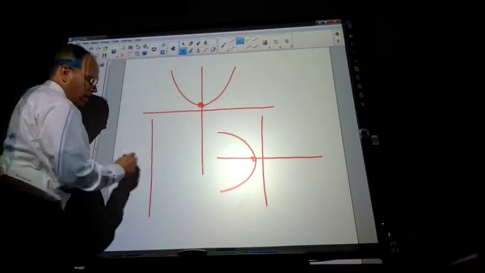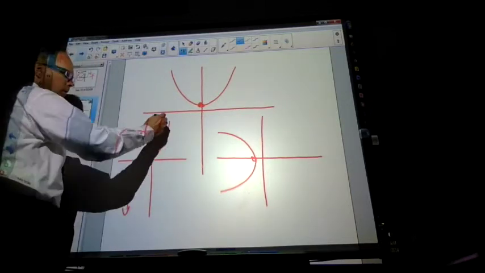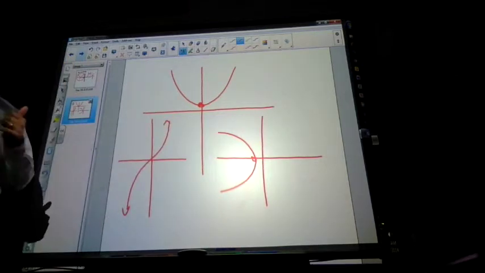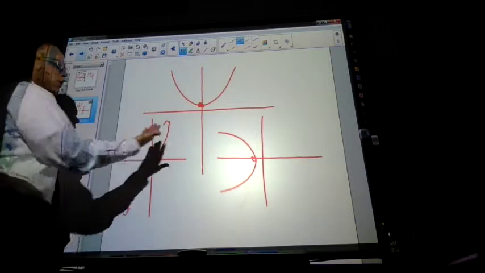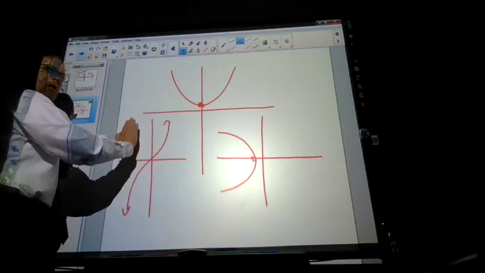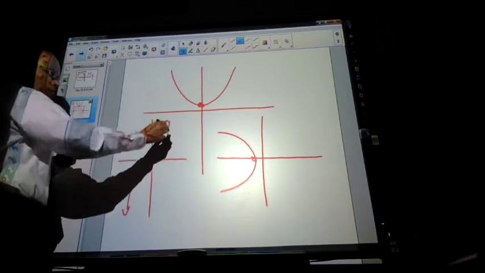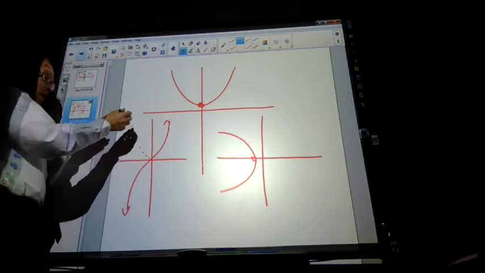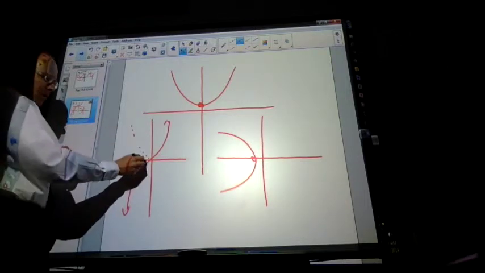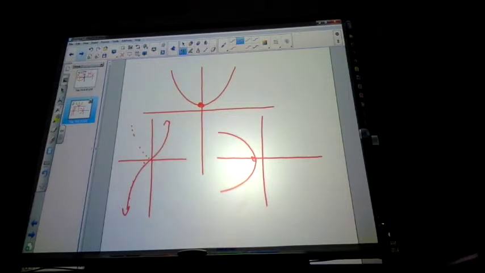If I had a graph kind of like this, this is going to be symmetric about both the x and the y-axis, which is called symmetric about the origin. So if I folded it over this way, and then I folded it down this way, I'd get that, right? And then if I folded that down, it would give me this, right on top of it. So that would be symmetric about the origin.